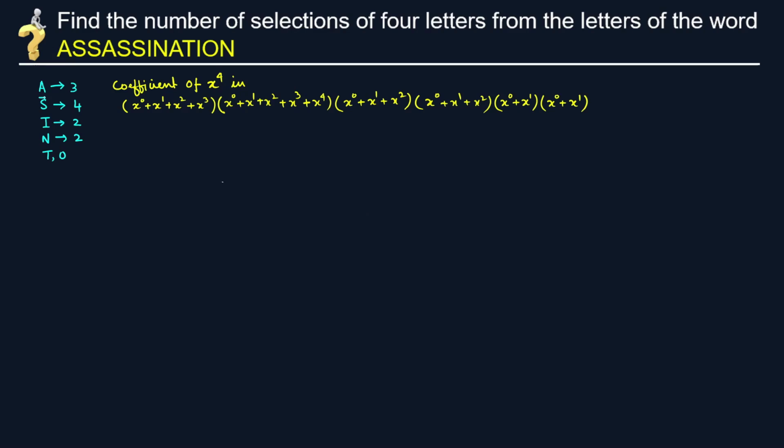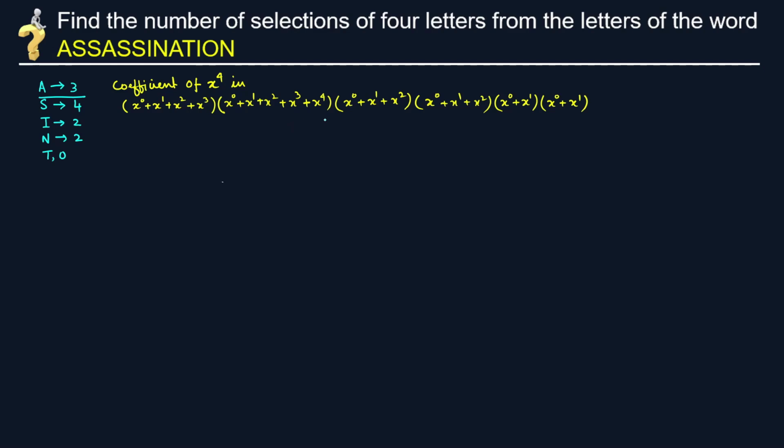How I have written this expansion, try to understand this. Here there are 3 A's. So here, what are the possibilities of choosing A? How many different ways you have of choosing these 3 A's? Either I will select no A, that is x to the power 0, or I can select 1 A, x to the power 1, or I can select 2 A's, x square, or I can select 3 A's, so x cube.